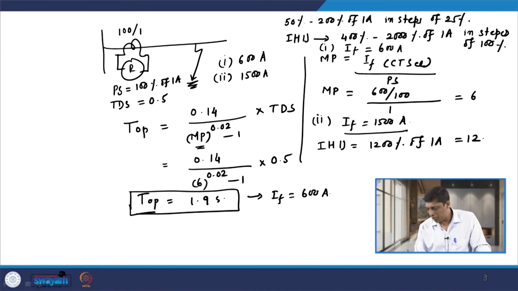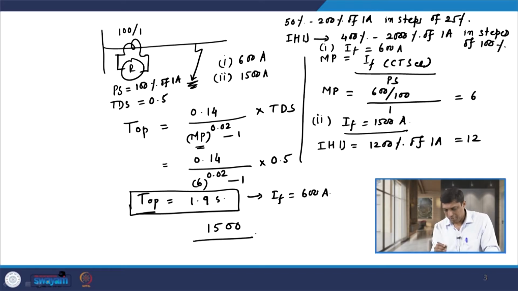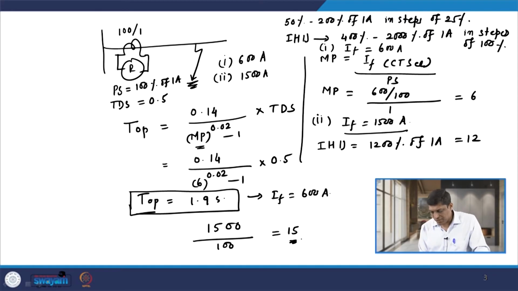So, that comes out to be 12. For the fault current of 1500 ampere, if I divide it by the CT ratio, that is 100 by 1, then this comes out to be 15, and as this 15 is greater than this value, that is the instantaneous high set unit setting.